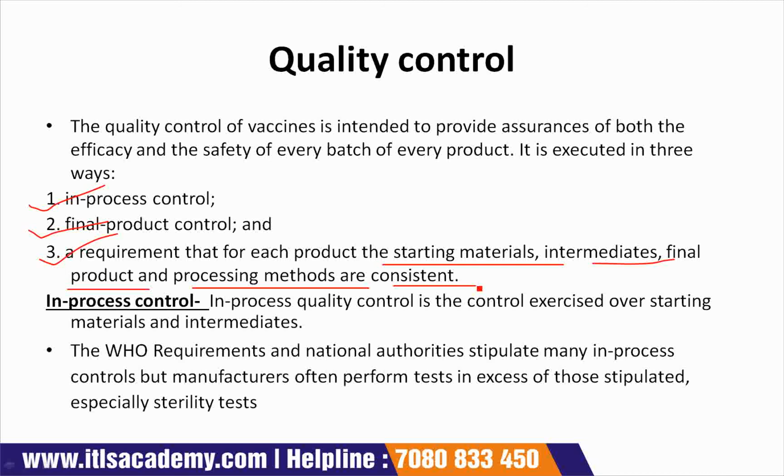First point in the quality control is in-process control. So let's discuss in detail in-process control. In-process quality control is the control exercised over starting materials and intermediates.